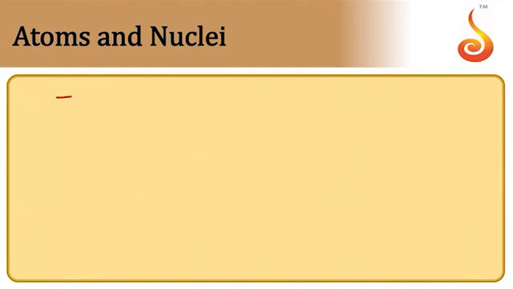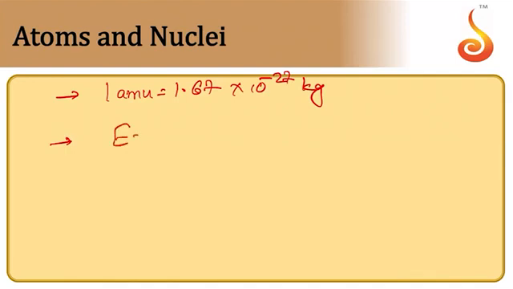And this one atomic mass unit is equal to 1.67 into 10 to the power of minus 27 kg. With the help of mass energy equivalence, we can find out the corresponding energy. That turns out to be E is equal to mc square, and you can also write it as h nu.